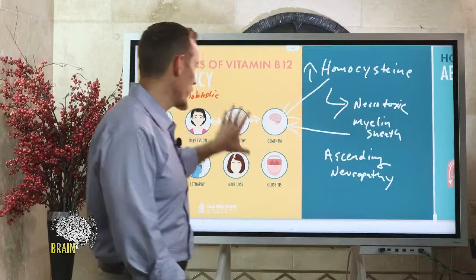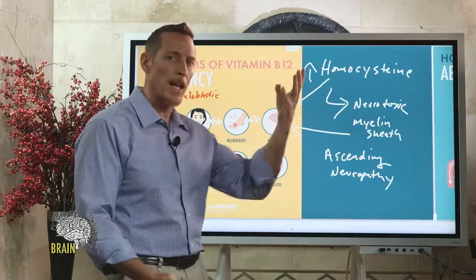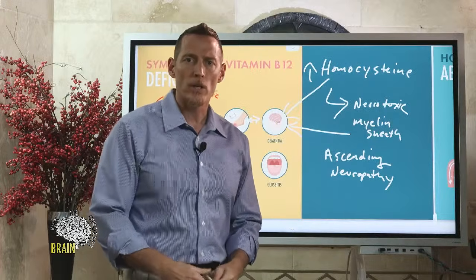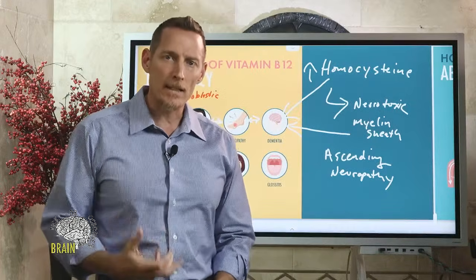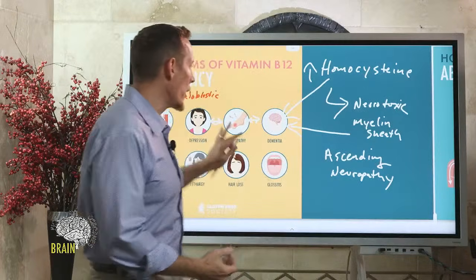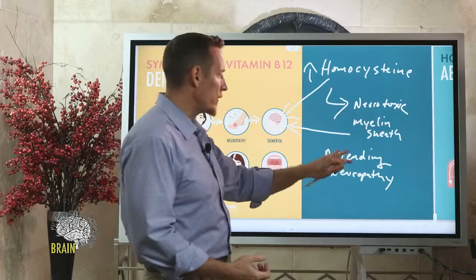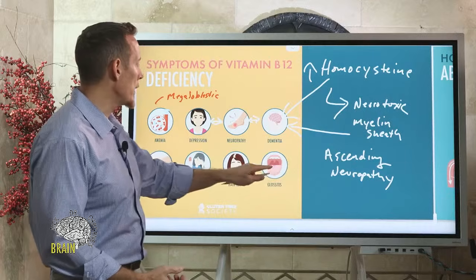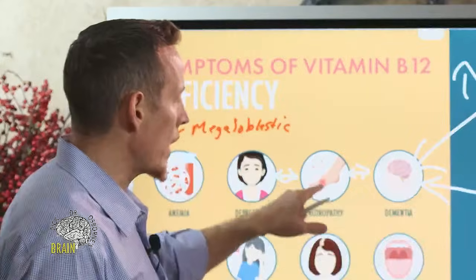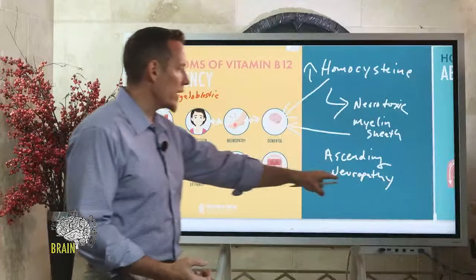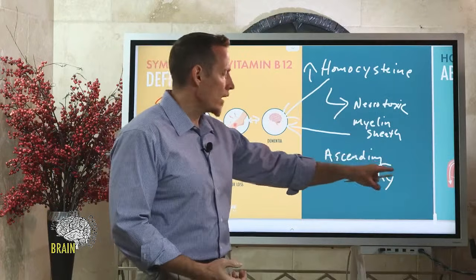And generally this is in the feet. When it moves up the leg into the pelvis region, that's called an ascending neuropathy. And this is almost always, in my experience anyway, a B vitamin deficiency, particularly vitamin B12. So if you've got a neuropathy, just keep that in mind, that ascending neuropathy.